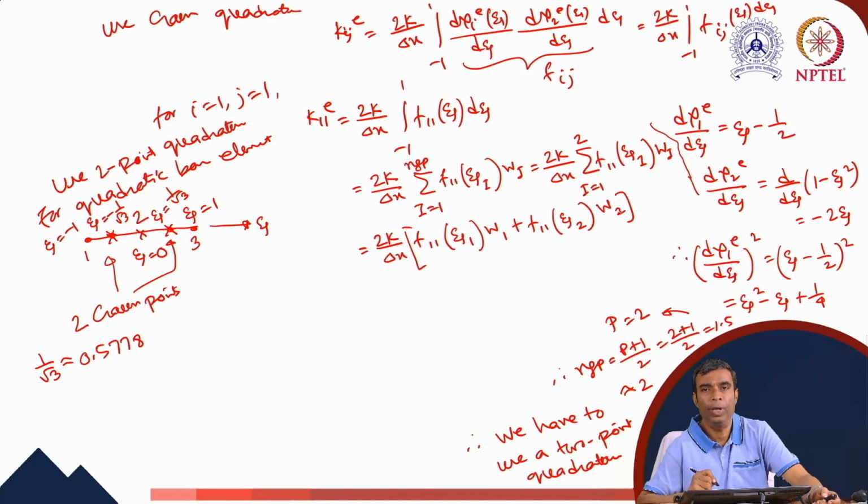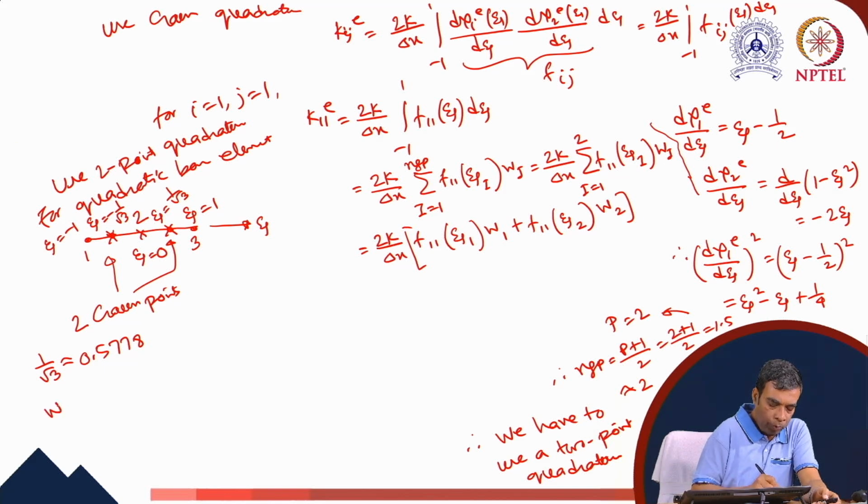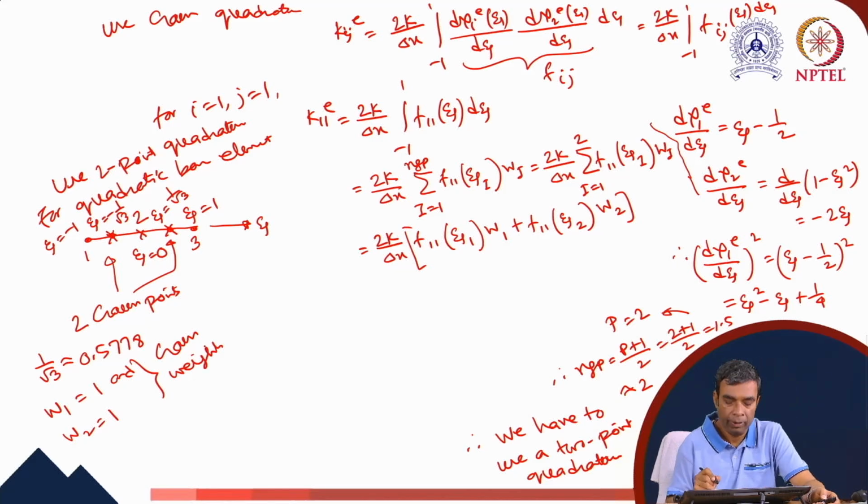Now, when we have two Gauss points 1 and 2, the Gauss weights are distributed evenly between these two Gauss points. So we get w1 equals 1 and w2 equals 1. These are the Gauss weights for 2-point quadrature.